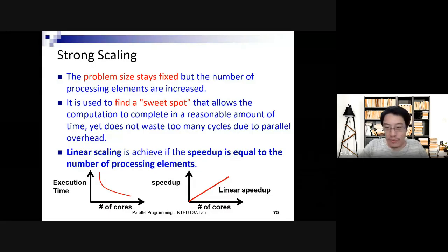Because if you run 1 minute with 1,000 cores, then with only one core, you have to run 1,000 minutes. So that's a very, very long time. Sometimes we don't want to wait that long, right? So it's a problem.